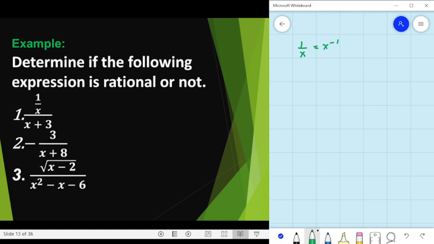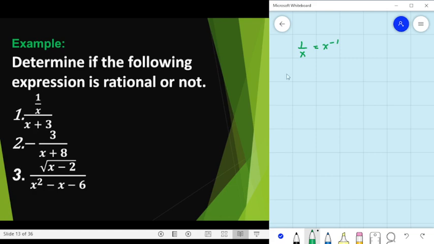Okay, number 3, we have the square root of x minus 2 all over x squared minus x minus 6. The denominator is a polynomial, whereas the numerator is not, because x minus 2 is enclosed in the radical sign.